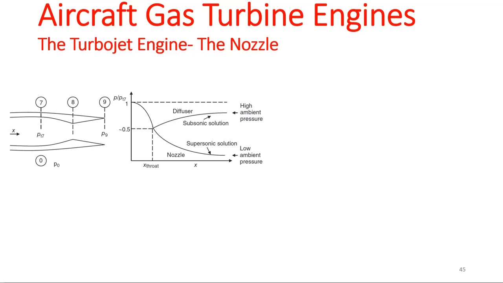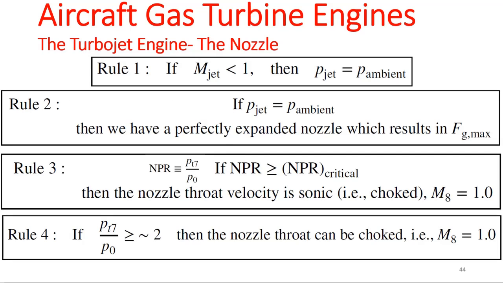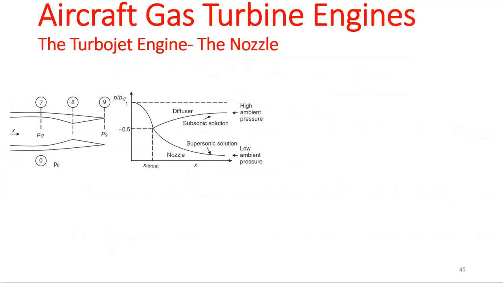What we want to discuss after is what's going to happen to a convergent divergent nozzle if your NPR is higher than 2? What will happen?